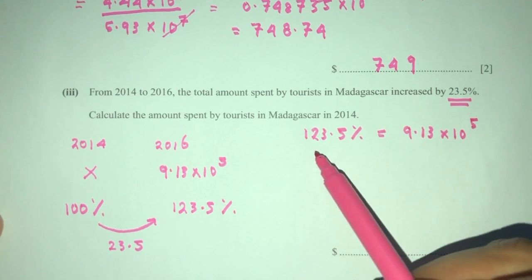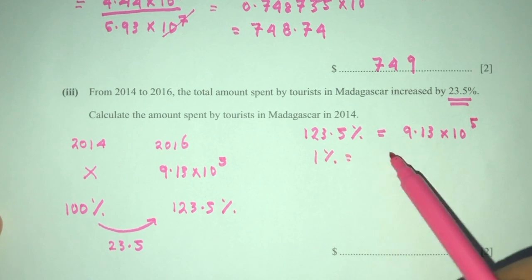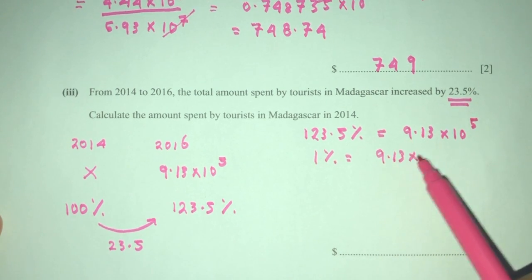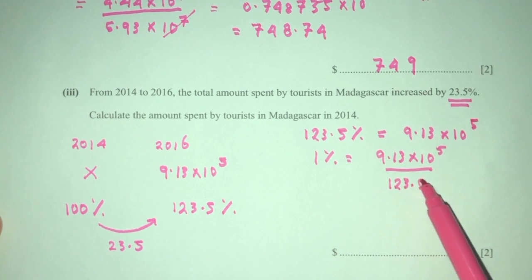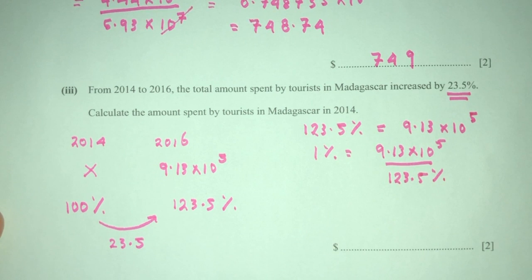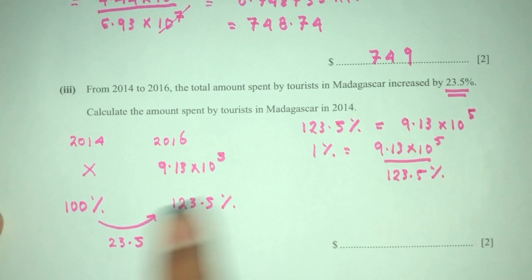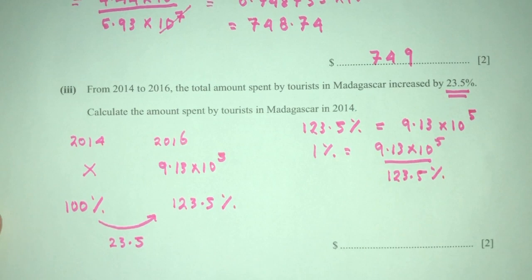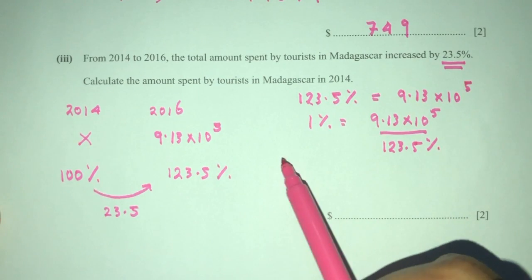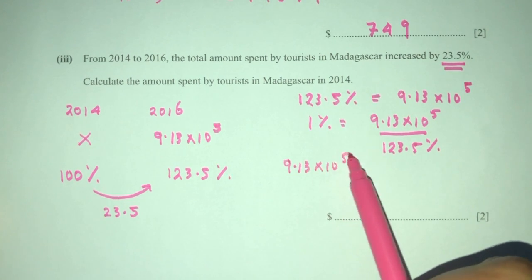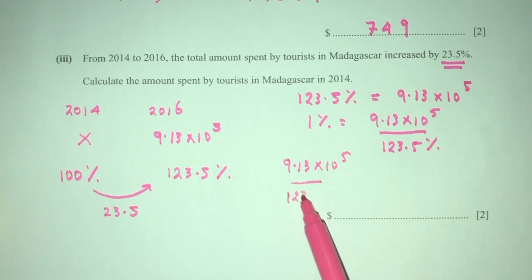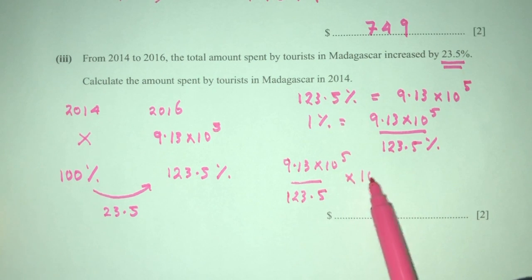Now, what is 1%? For example, that will be 9.13 times 10 power 5 divided by 123.5. Now, we care about 100%. So if 1% is that much, to find 100% we have to multiply this by 100. That makes sense, right? That will be 9.13 times 10 power 5 divided by 123.5 times 100.